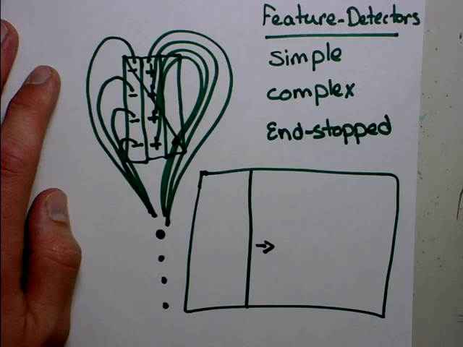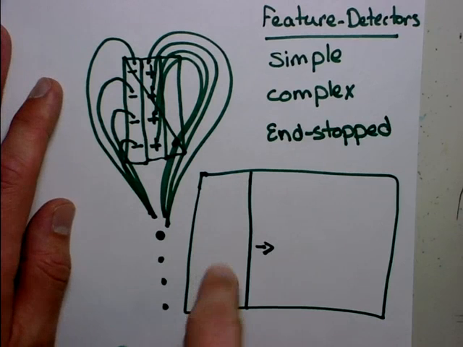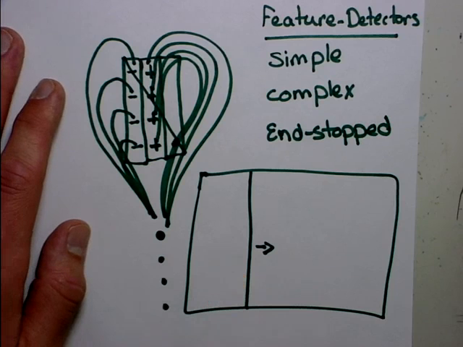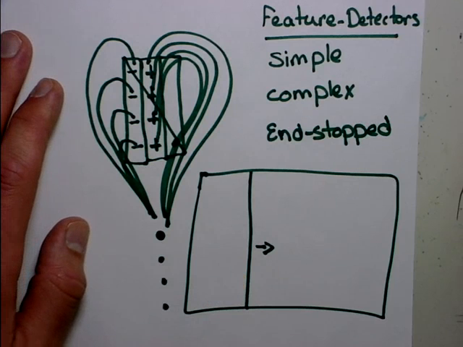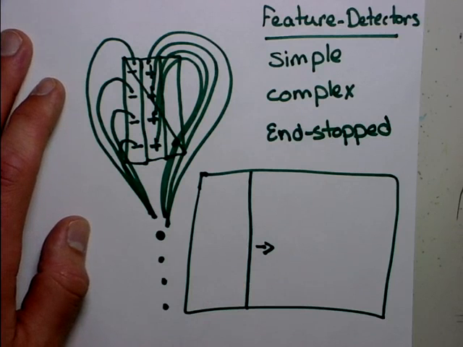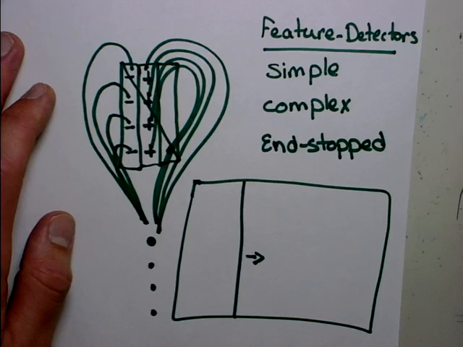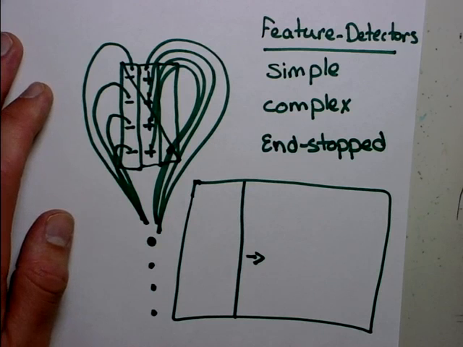If light falls on this side of that edge, it's not going to respond. And you have an end-stop cell reflecting every possible potential edge there could be in your visual field. Does that make sense?